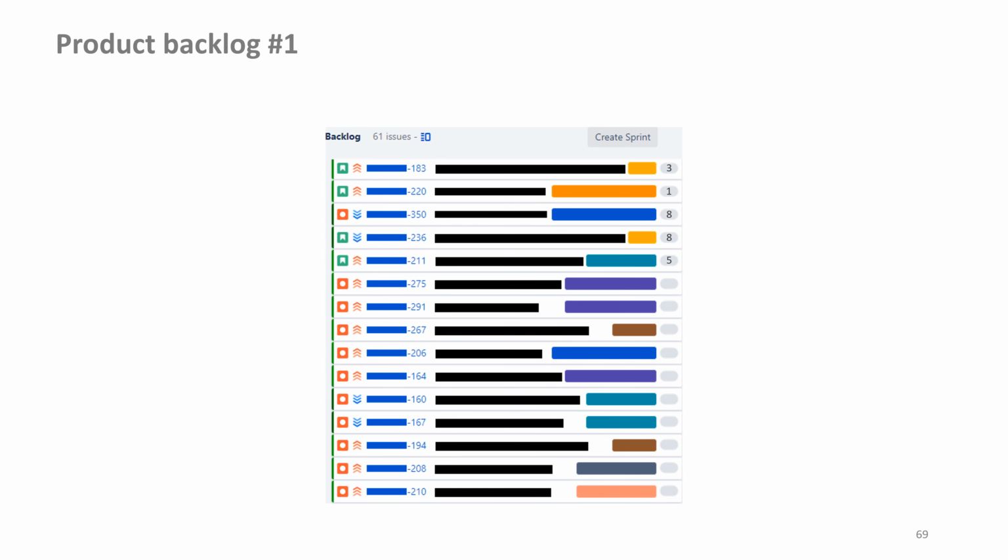The product backlog has various properties, so it must be detailed among other things. The higher up in the backlog, the more detailed the user stories become. They must be estimated, which means they must have an approximate size.